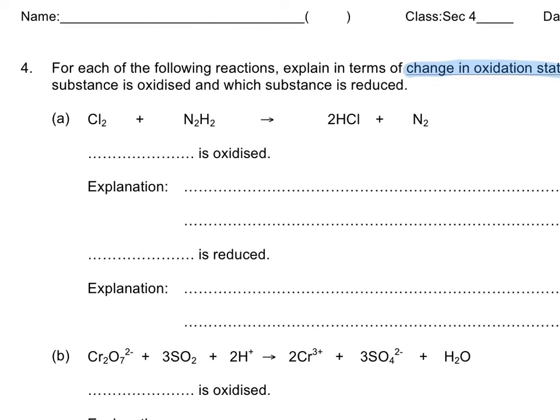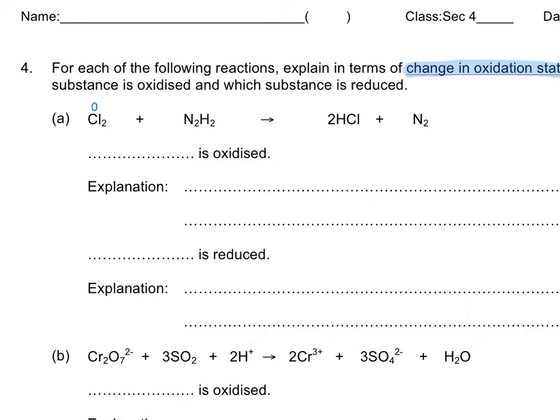So before we do anything, we need to look at the oxidation state of the various elements in the whole equation. So let's try doing it. Let's look at part A. Now in part A, Cl2 is an element. Element has got oxidation state of 0, so we put a 0 on top.